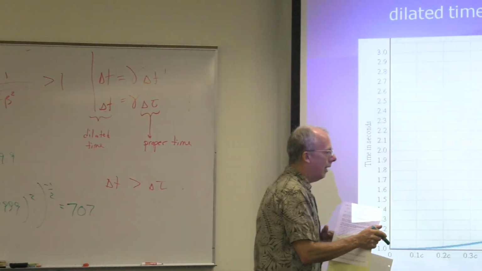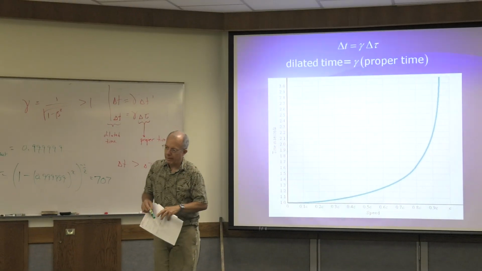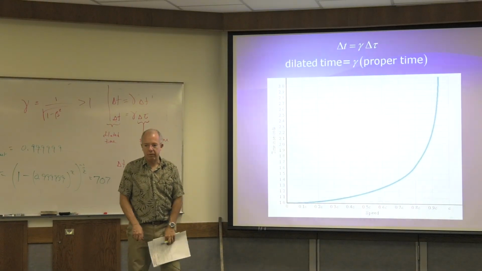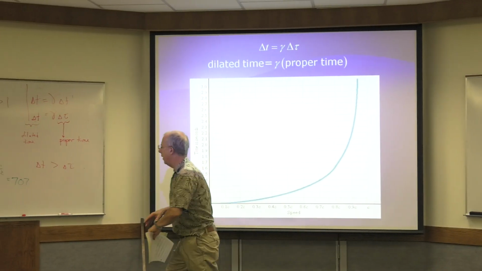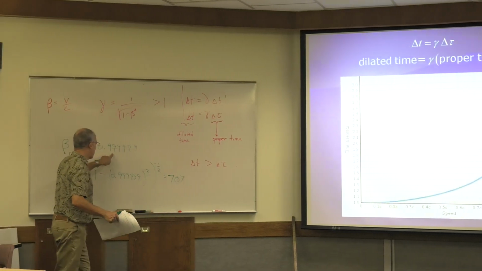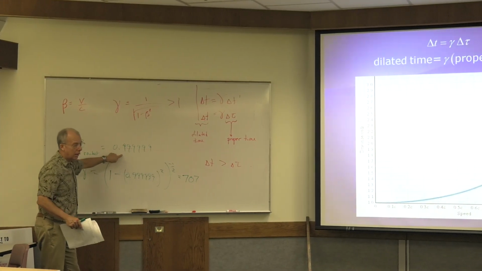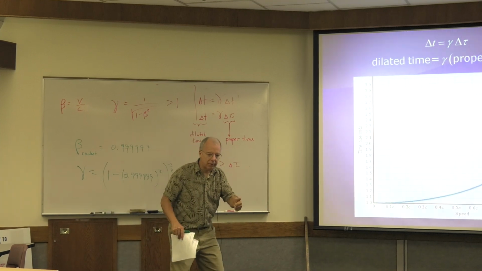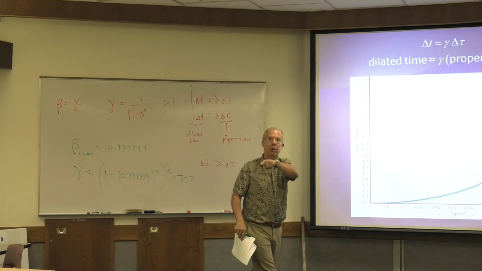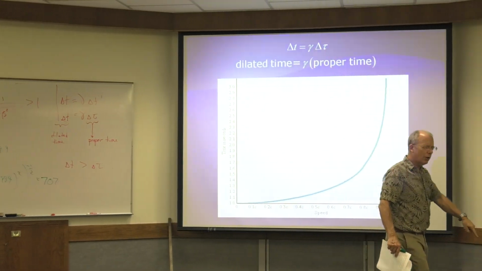Let's just say the Velma and Mort thing. Velma just says 1 second. But if Velma's rocket was going at this incredibly crazy speed, Mort would measure 707 seconds for that light to go like this. It's incredible.